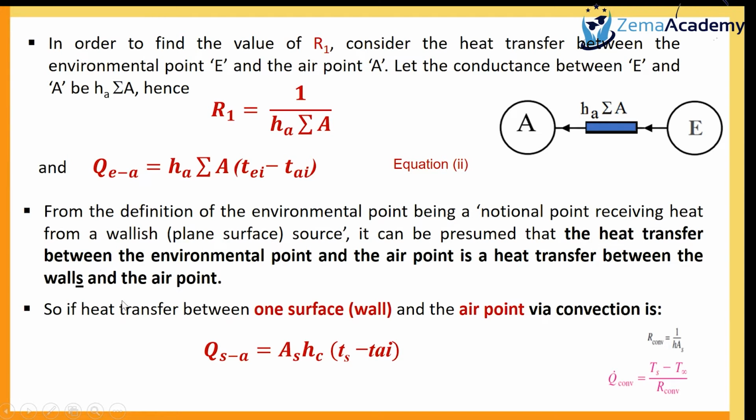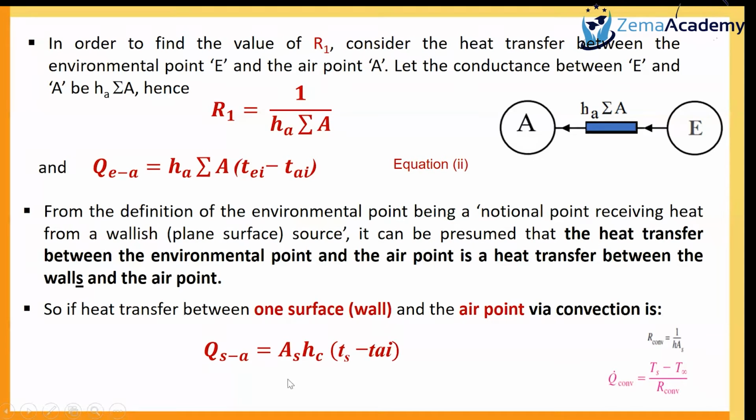But what we have done is that we will first consider heat transfer from one surface, from one of the walls, and then we are going to extend that to all the walls. So if we consider a heat transfer between one surface, that is one wall, and the air point node via convection, we know that the heat transfer is convection.